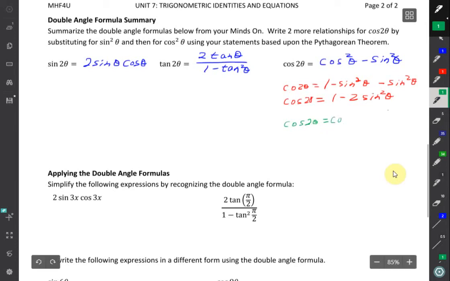We will have cos squared theta minus bracket 1 minus cos theta squared, equals cos theta squared minus 1 plus cos theta squared, equals 2 cos theta squared minus 1. So these are the other two representations of this particular formula.